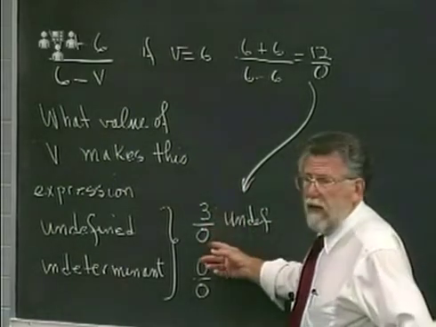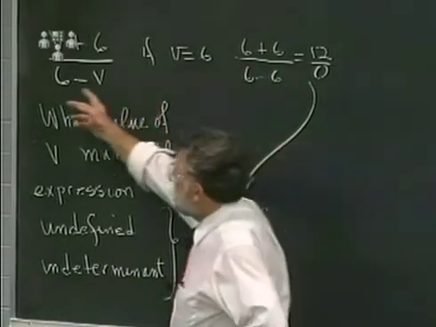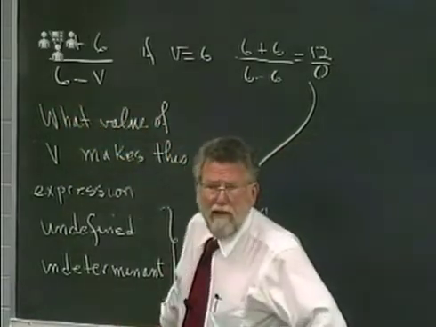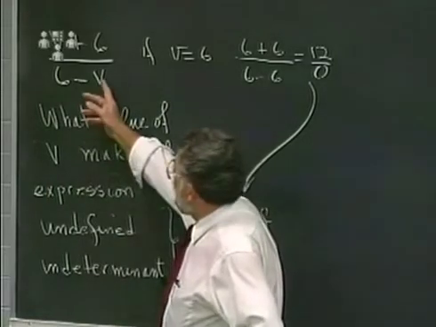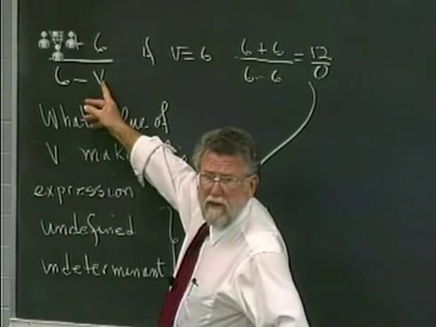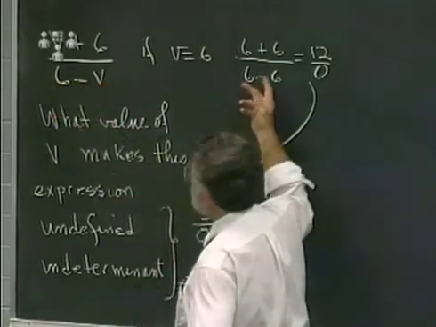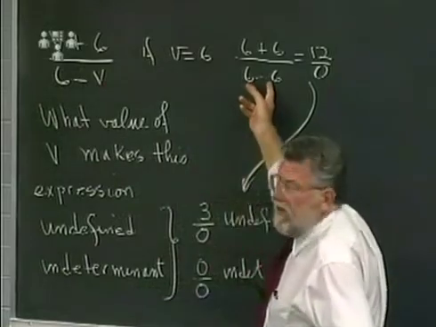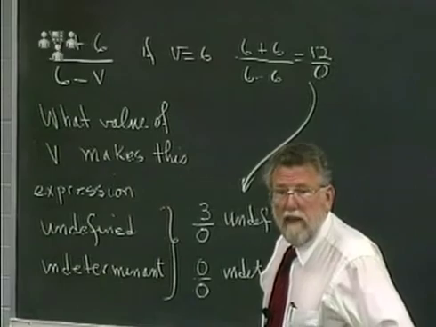Here, simply undefined. So I'm asking in this problem, is there something that will make that denominator 0? Yes. If b is 6, this denominator becomes 0. That's what I've shown here. And if b is 6, I have 12 over 0. Hence, undefined.